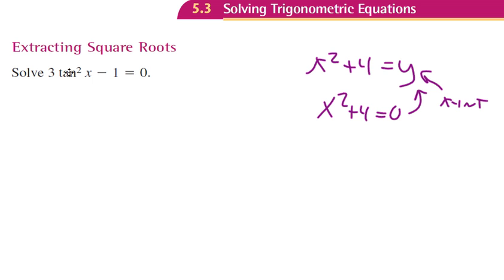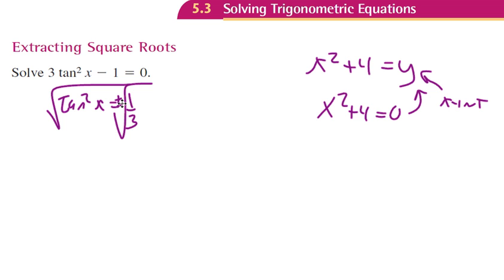So let's go ahead and solve for tangent. Let's first add 1 and divide by 3. So I'll have tangent squared of x equals 1/3. I did 2 moves right there: I added 1, and then I divided both sides by 3. If I want to get rid of the square, I'm going to introduce a square root. And what have I taught you? When you are the one who introduced the square root, plus or minus. That's right, little Billy.